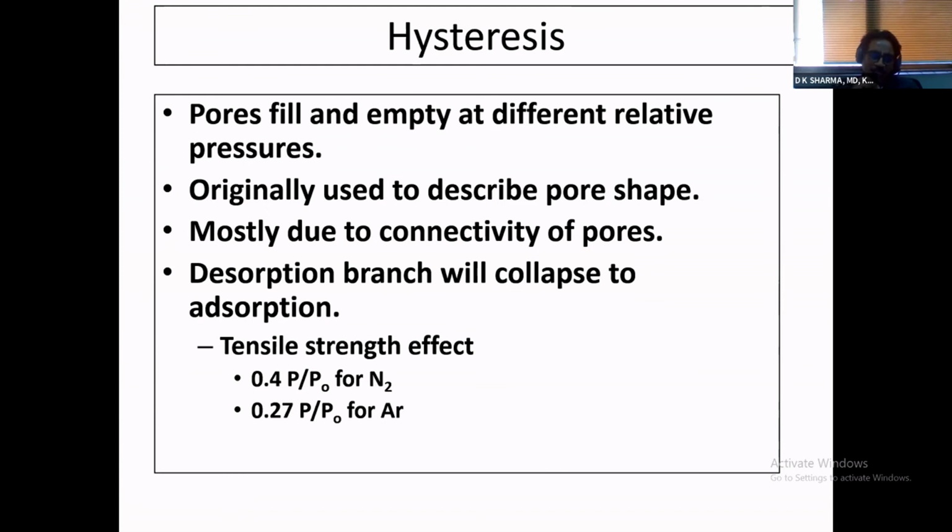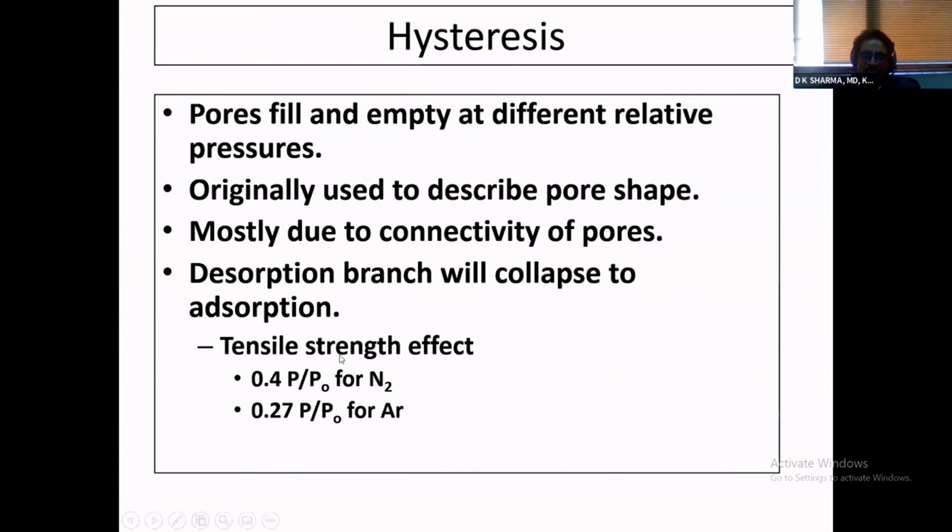One more reason can be the tensile strength effect, because of the extra force that is seen by the liquid which comes out of the capillary. That is what is related to the tensile strength effect.